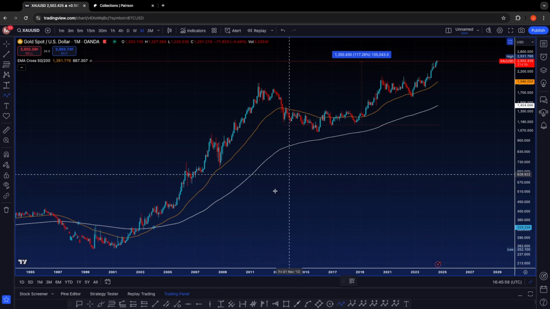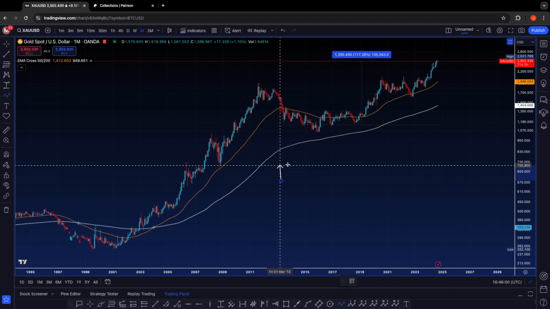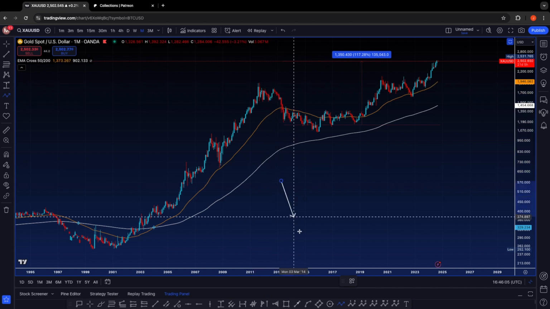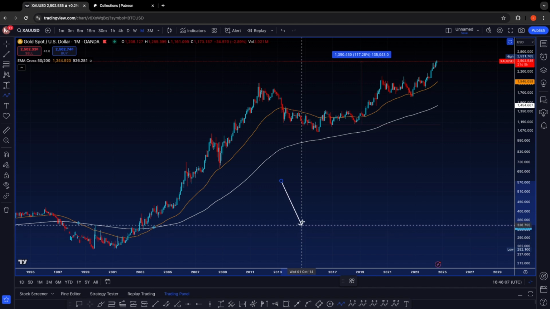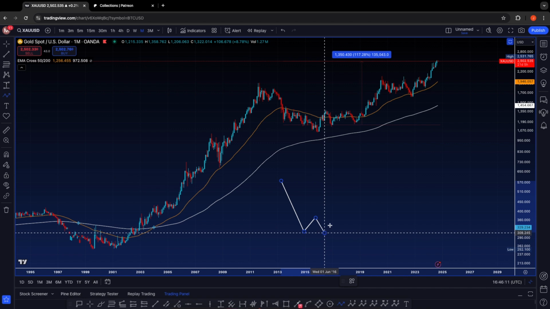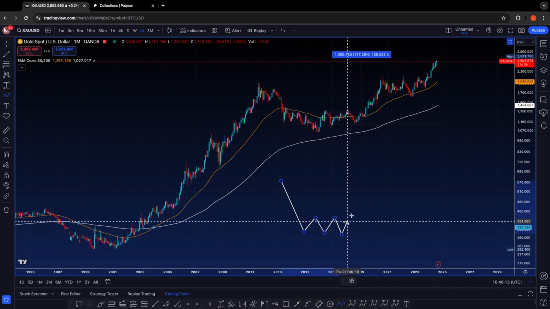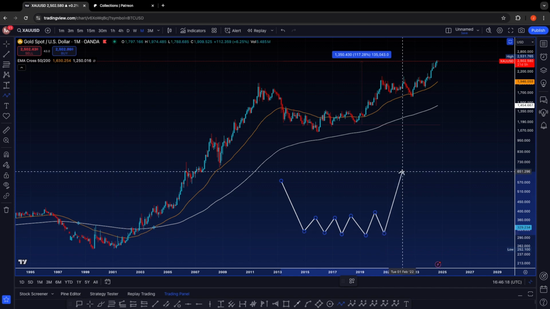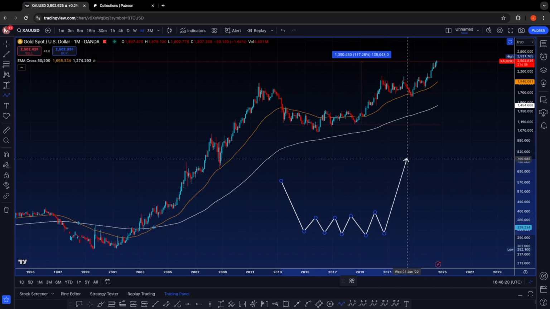So price reaches its peak, right? Because normally if it is a multi-decade move, it's going to come at the expense of an all-time high. We go and trade lower. Here is your sideways trading. You break out of there.